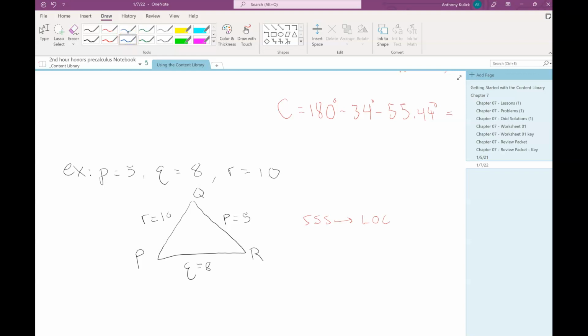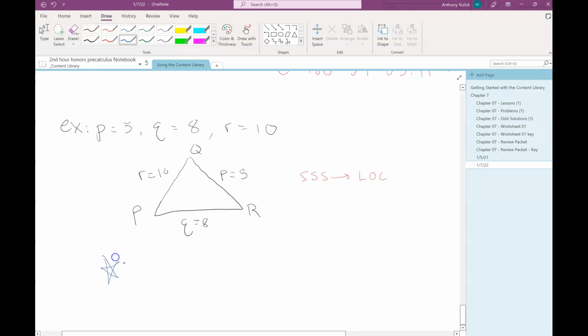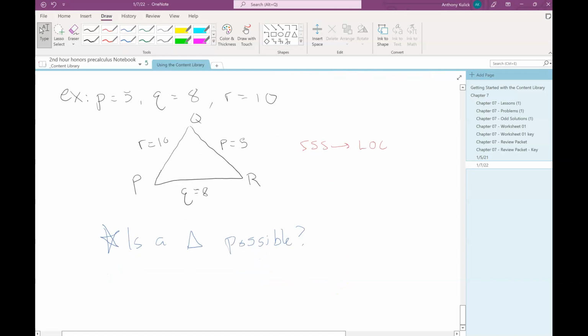So before we get going here, we need to figure out, is there even a possibility that there's a triangle here? So the check that we need to make is to make sure the leg plus leg is greater than the hypotenuse.